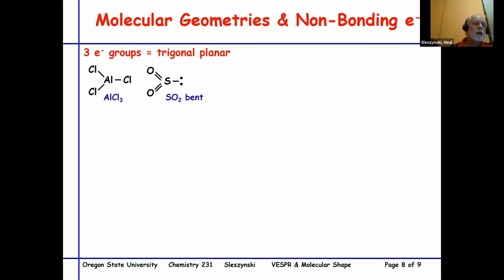But we can also look at a molecule like sulfur dioxide. Sulfur dioxide, 3 repelling electron pairs, which makes the electron geometry trigonal planar. But if we draw a line between the atoms, we see that the molecular geometry is bent. Again, we go to 4 repelling groups, which is always tetrahedral for electron geometry.